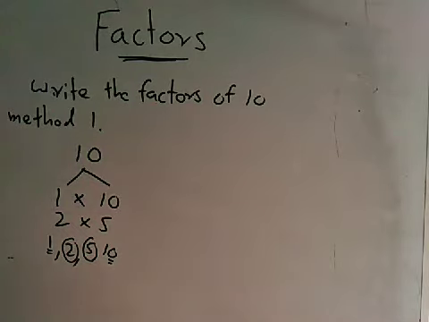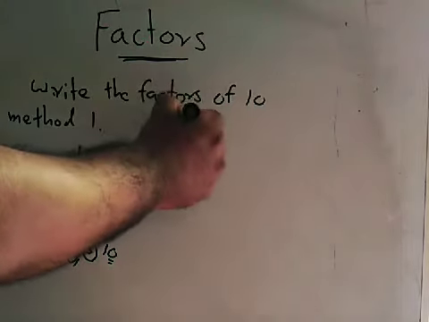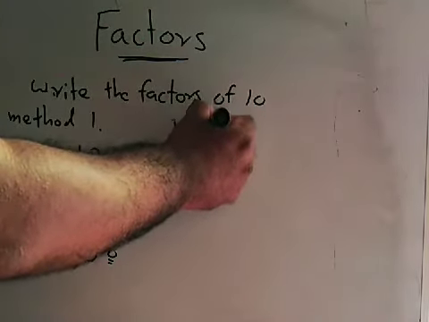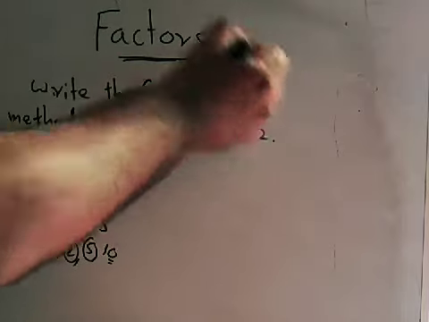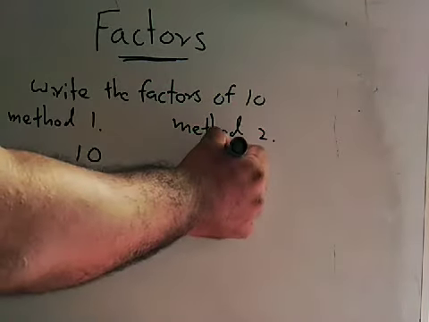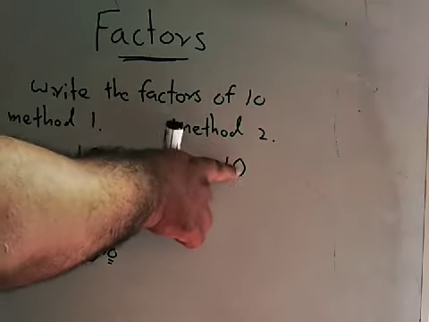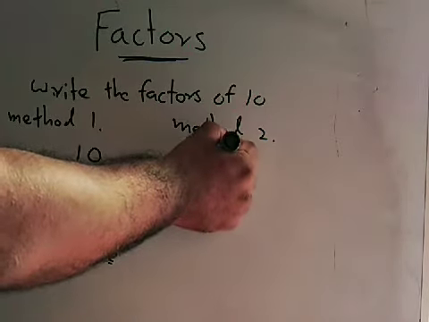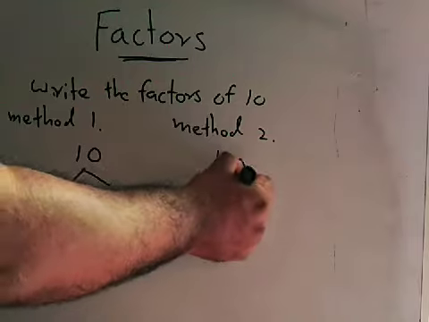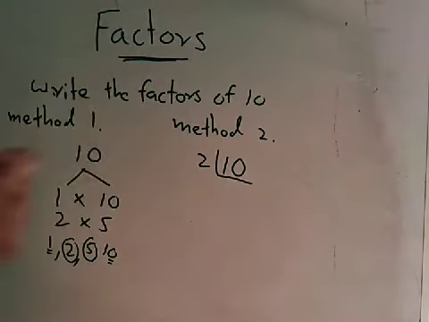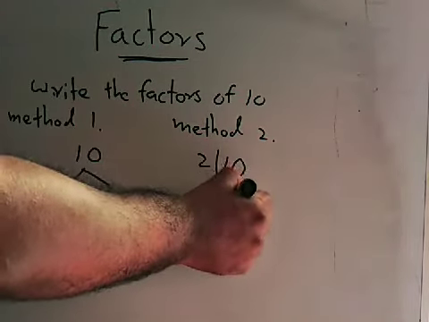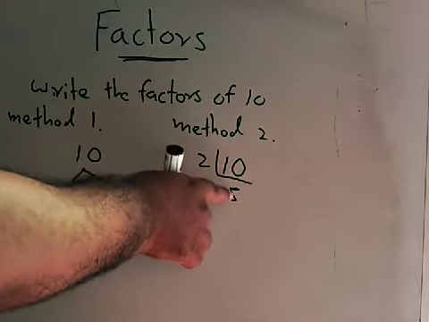The second method is the division method. 10 divided by 2 is 5.